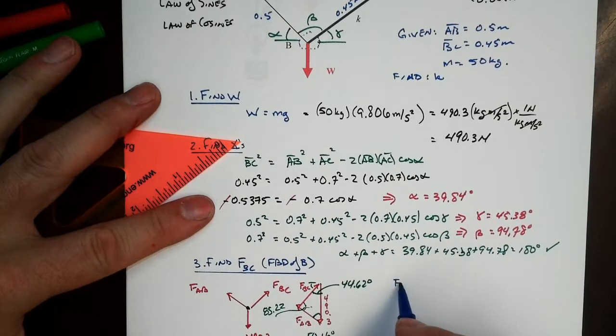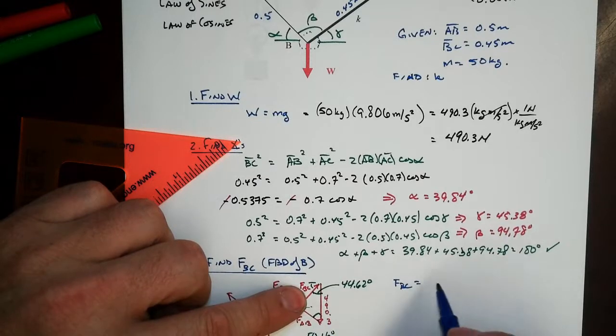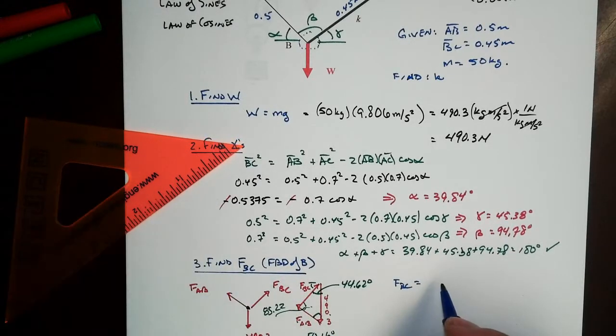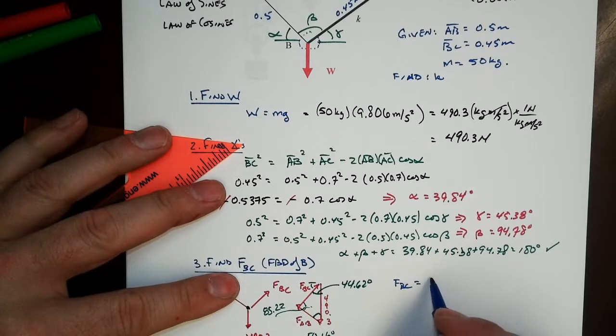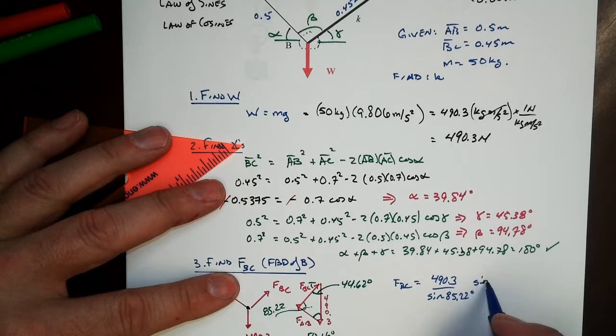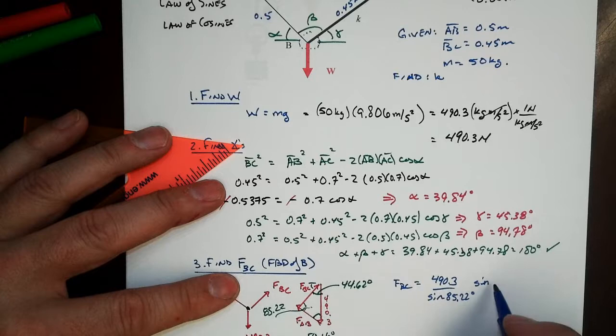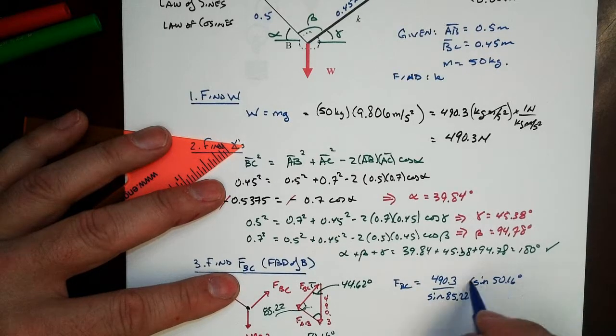BC. FBC over the sine of its opposite angle is going to be equal to any one of the other ones that we want to work with. Why don't we use 490.3 over the sine of 85.22, and you might think I messed up because I didn't include the sine here. This would be sine of the opposite angle, 50.16 degrees.